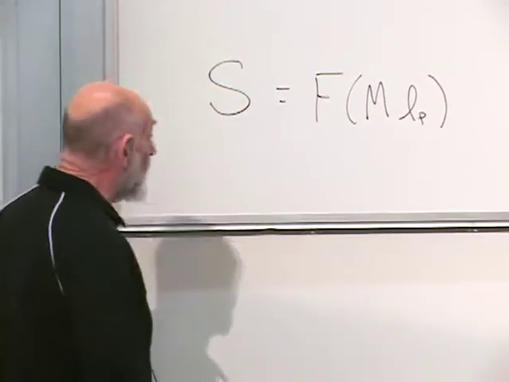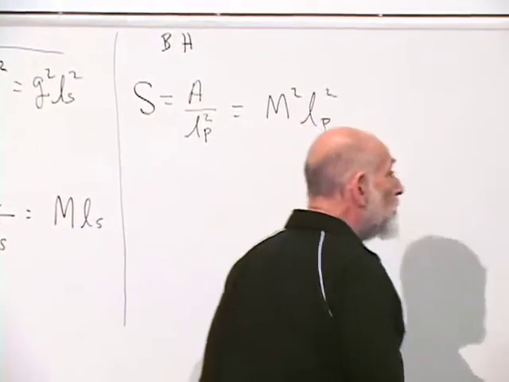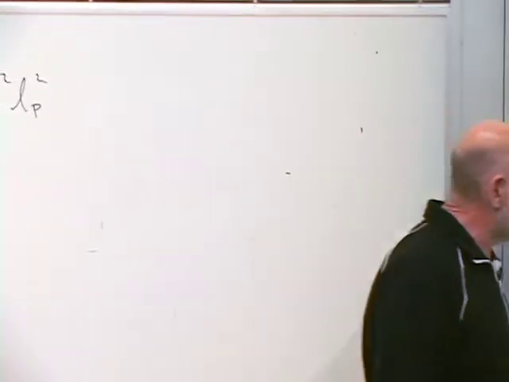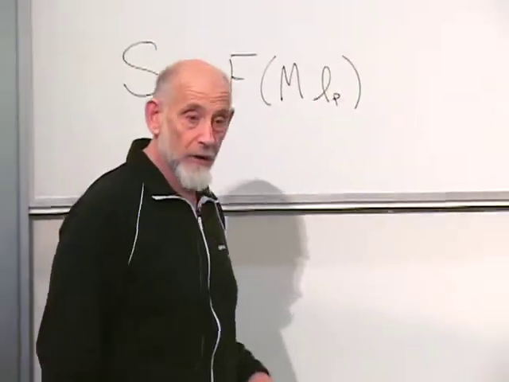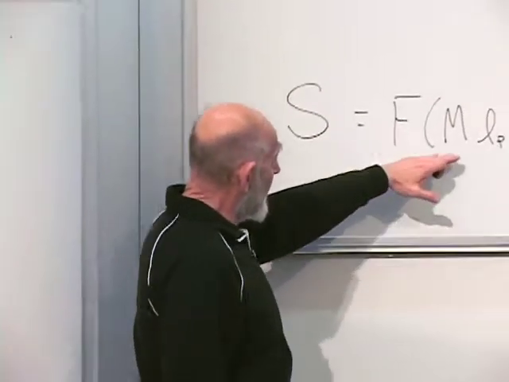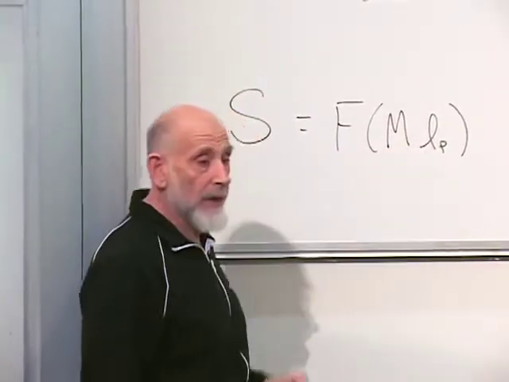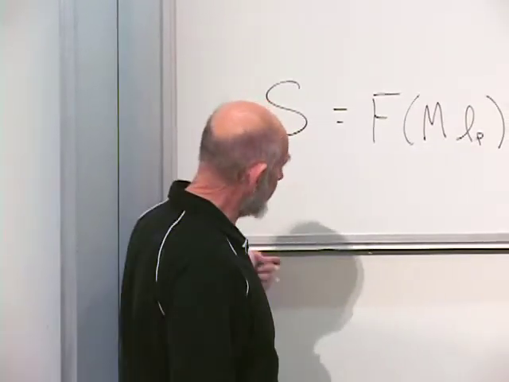But that doesn't tell you that it's mass squared times L Planck squared. It could be mass cubed times L Planck cubed. It could be mass times L Planck. This doesn't say any such thing. All it says is that this is the dimensionless combination of variables that S can depend on.